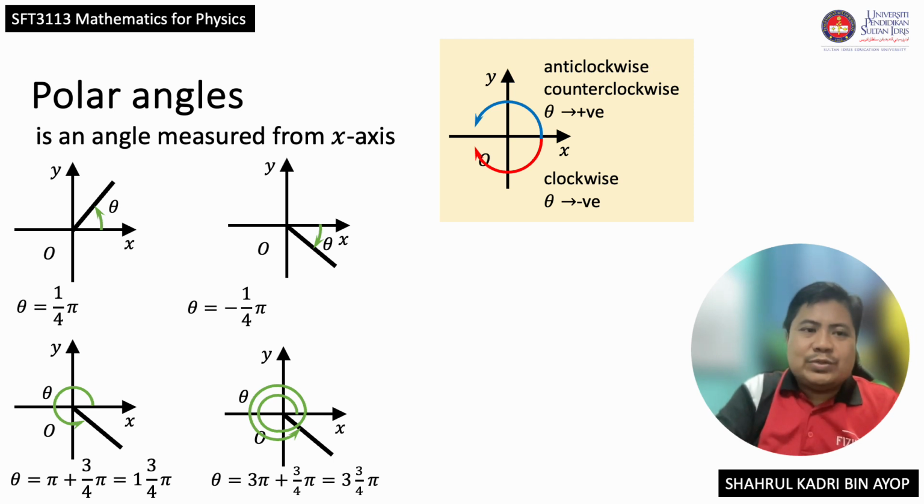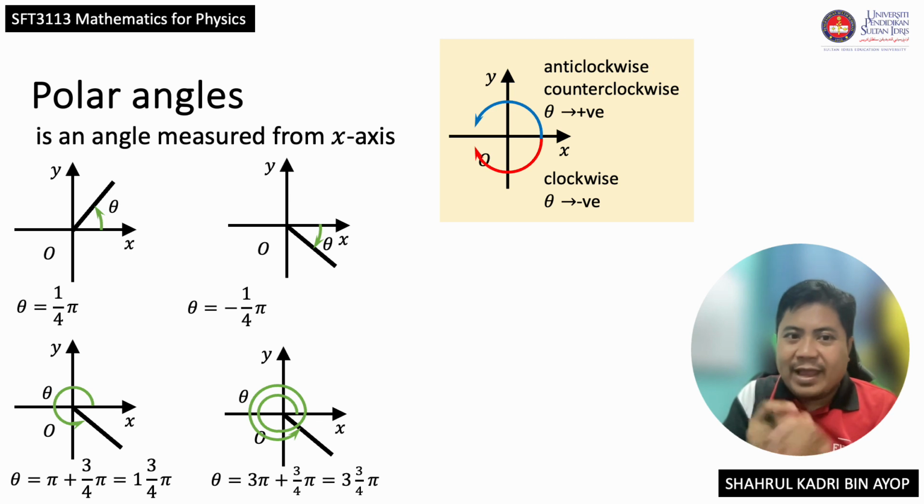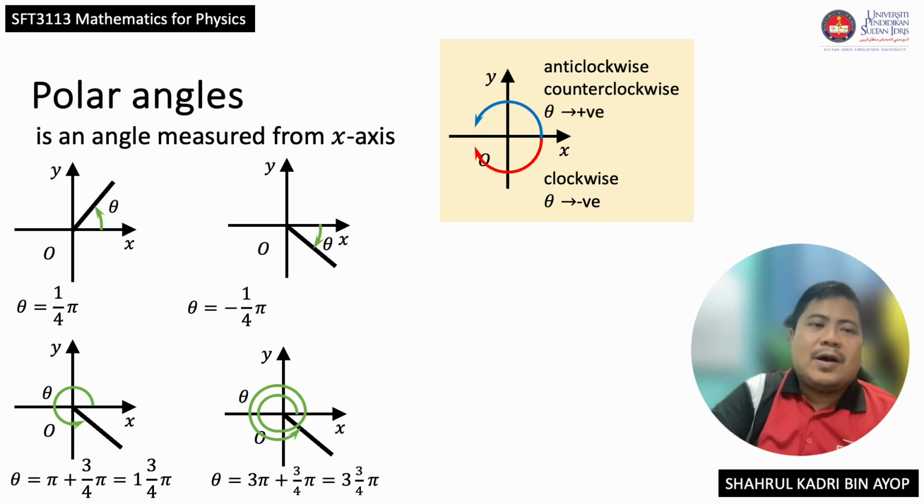Now let's go into the polar angles. What are polar angles? In problems regarding angle, we have to fix the angle position where we want to measure. So for example here, if you have a line, the angle between the axis x and the line is theta.